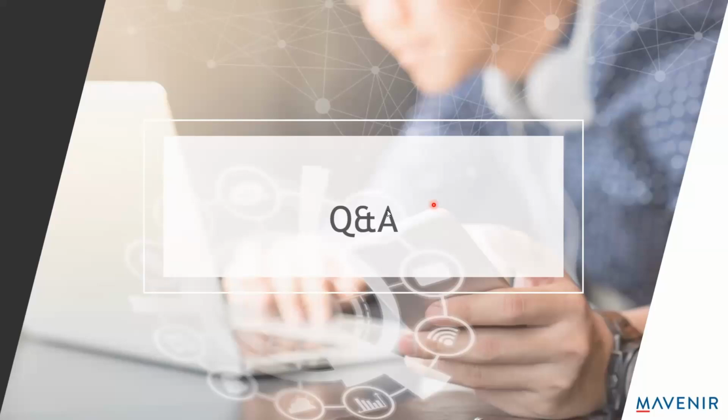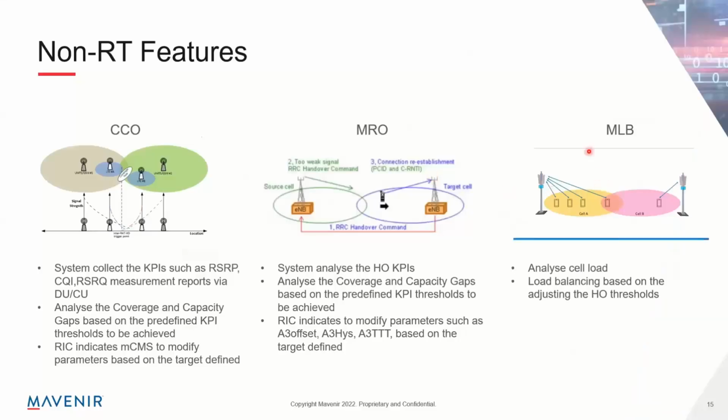Again, I wanted to highlight that, based on the app developer's creativity, he can do this in multiple ways. But if you go to my previous example, let me go back. One of the functionalities is MLB, mobility load balancing. This is a non-real-time functionality.